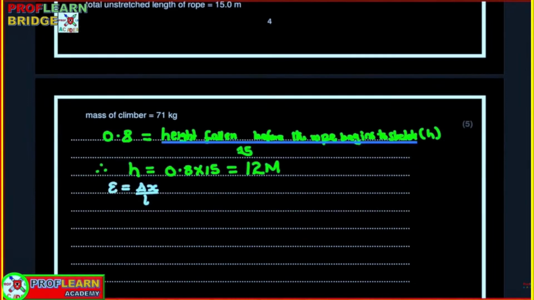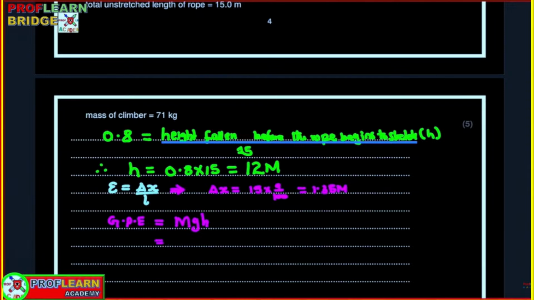So we can use that information to work out the extension. We can say 15 times 9 over 100, which is 9% of that. That translates to 1.35 meters. And then we can say that gravitational potential energy, because once this person falls through some height, there is a change in energy.